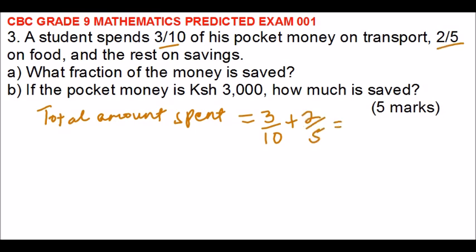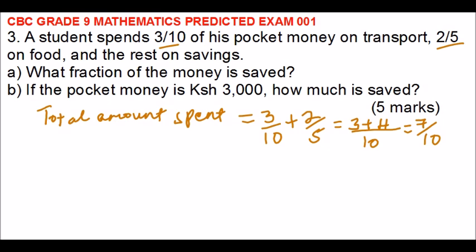When you write it like that, you can get the LCM here. It is 10. 10 divided by 10, you get 1, multiplied by 3 is 3, plus 10 divided by 5, it is 2, multiplied by 2, you get 4. So total amount spent is 7 out of 10. From there, you can now get the amount of money which was saved.